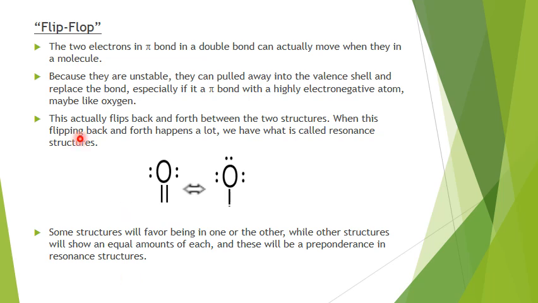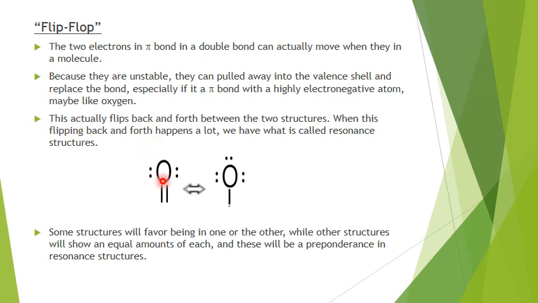Because they are unstable, they can be pulled away into the valence shell of an atom and become part of the atom's outer shell. And that can replace the bond. So in a sense, the pi bond becomes a lone pair. And this will happen especially if you have an atom with high electronegativity like oxygen.